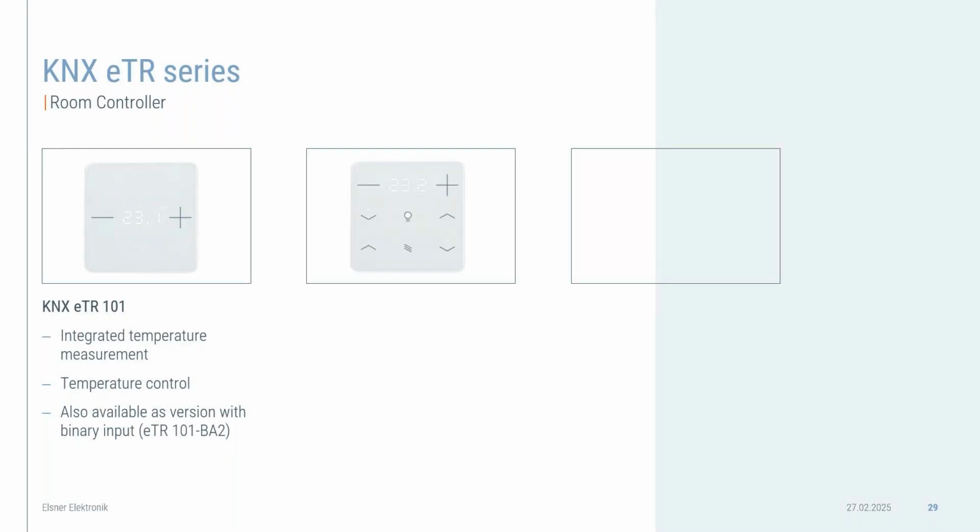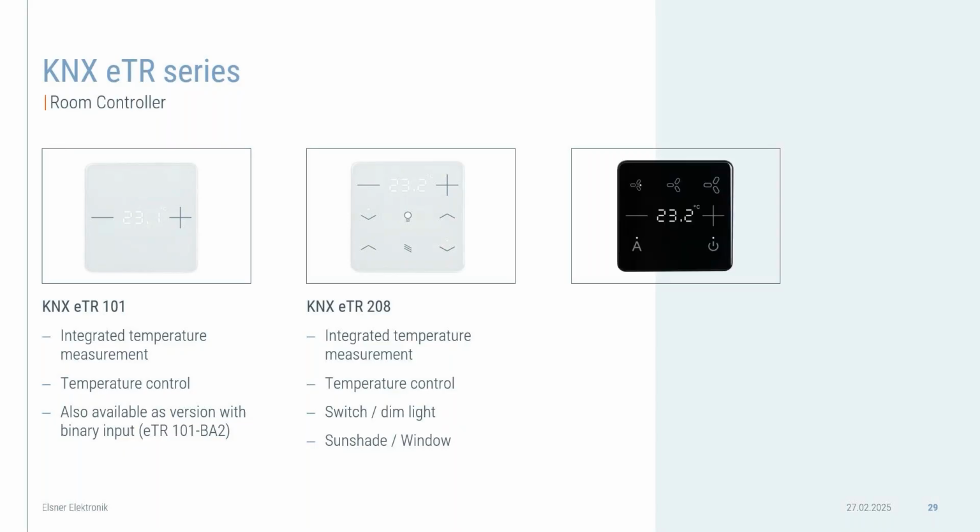Another one from this series is the ETR 208, which also has the integrated temperature measurement, temperature control, but it can also switch and dim lights, sunshade, and windows. It's quite a complete room controller on the lower pricing end.